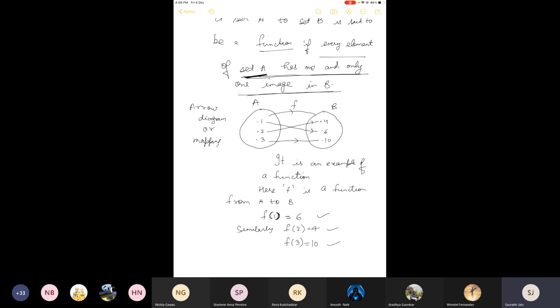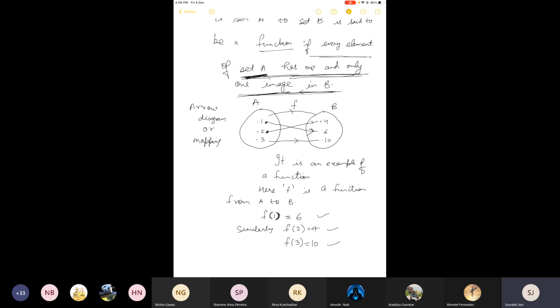So if every element of set A has one and only one image in set B, okay, has only one image in set B. As you can see, the element 1 of set A has only one image, that is 6. Element 2 of set A has only one image, that is 4. Element 3 has only one image, that is 10.